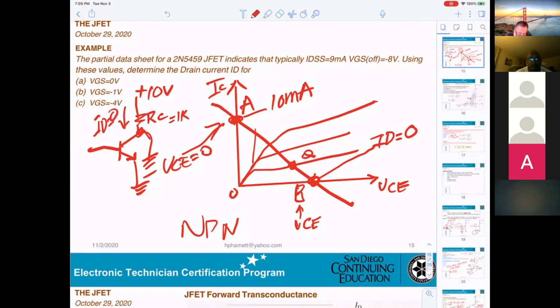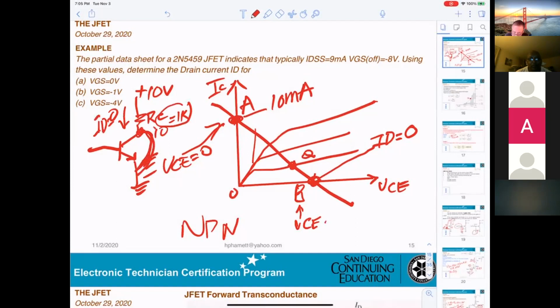What is VCE? 10? 5? Don't guess. Okay, now I say ID equals 0 at this point. That means no voltage drop here. So there's no voltage drop across that resistor, so it's 10 volts. He was right. 10 volt. Good job, whoever said that.